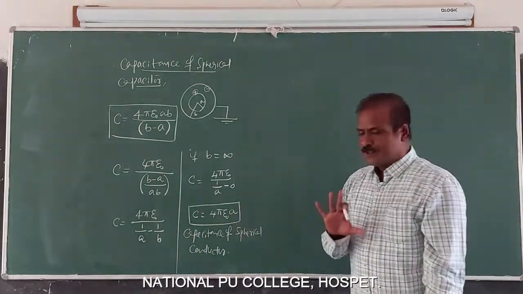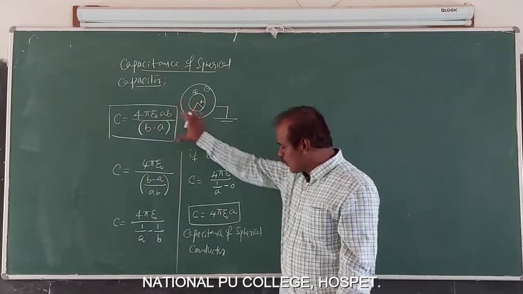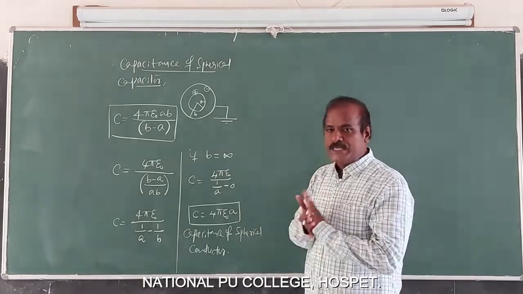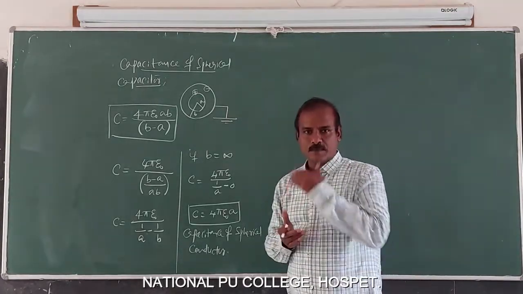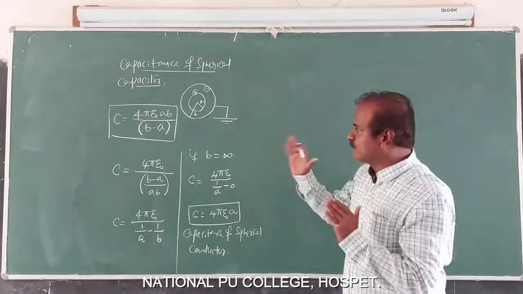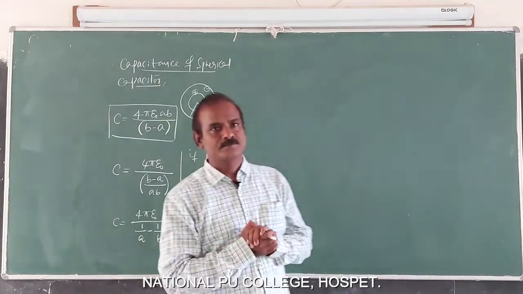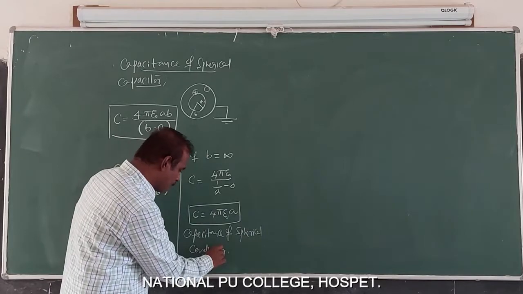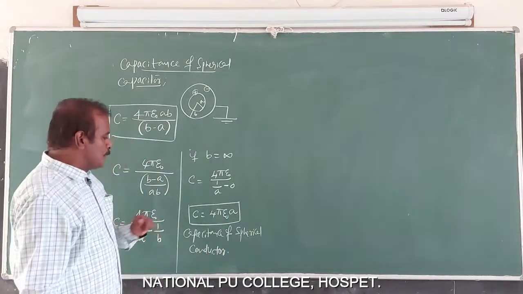Well, so the idea is, from this formula we arrived at this formula. How? By substituting the radius of the outer conductor as infinity. Yes? So we came to this point.